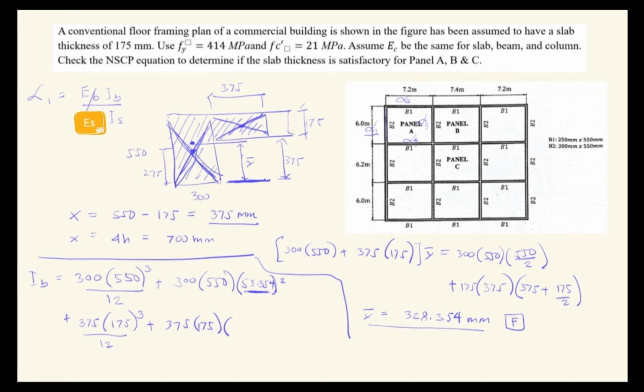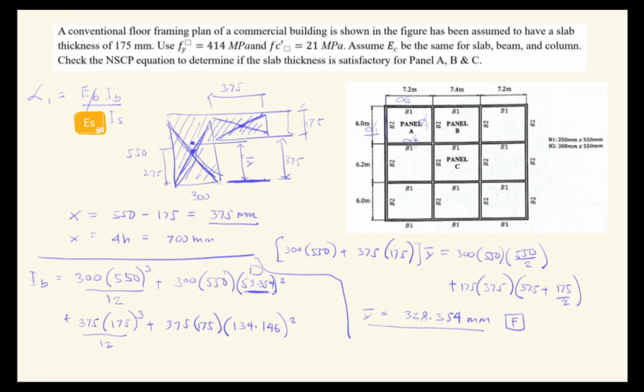Okay, so that would be 550 minus 328.354. Okay, and then minus half of 175. So this will be 134.146 squared.